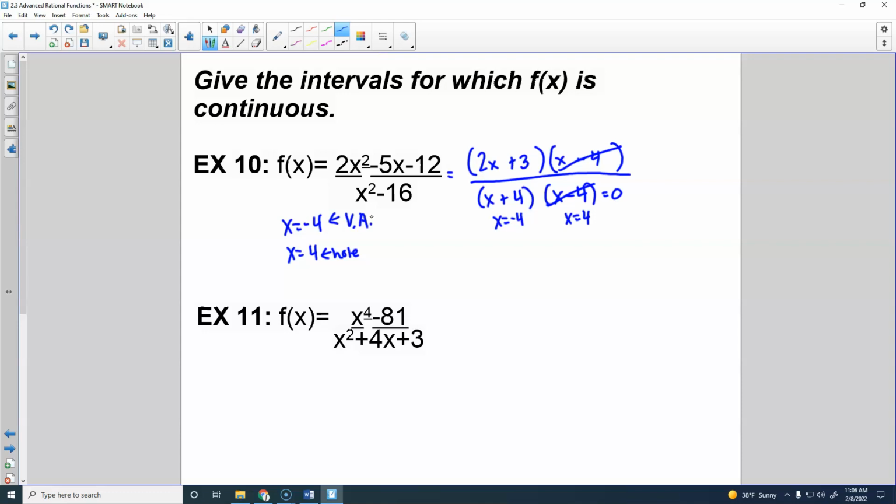So the graph is going to be continuous everywhere except for those 2 points. So we would say this is continuous on, I'm going to use interval notation, so it'd be -infinity up to -4. -4 to 4, and 4 to infinity. Notice I use parentheses with all of those because we're not including -4 and we're not including 4.